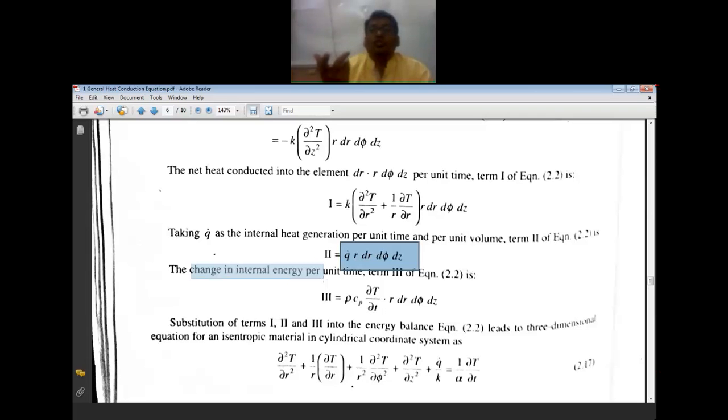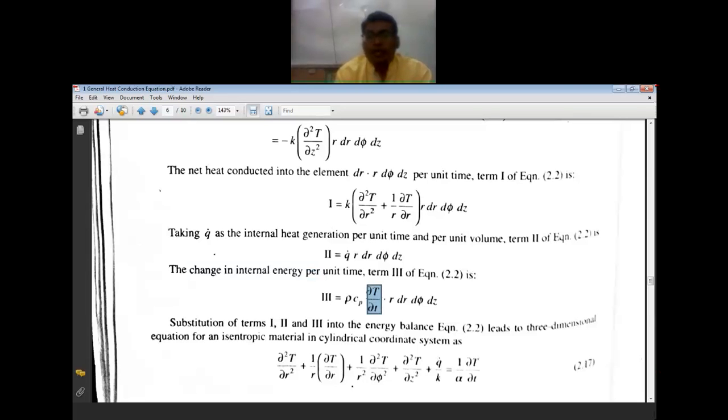Internal energy is talked about in terms of temperature. So the change in the internal energy is nothing but d capital T upon dt. That is the change in the internal energy that will exist.